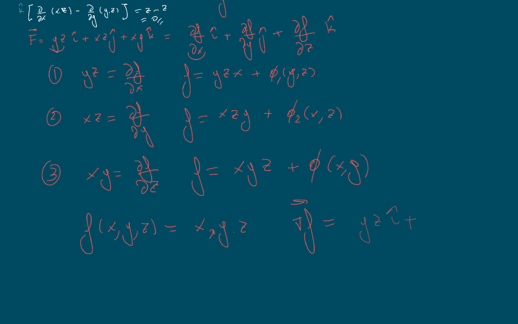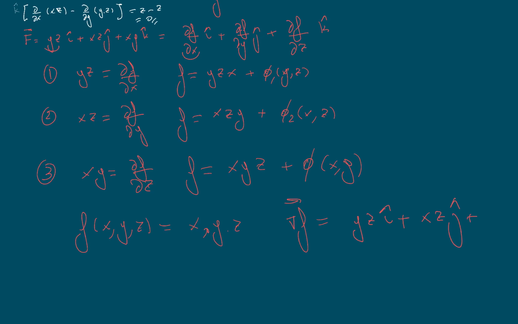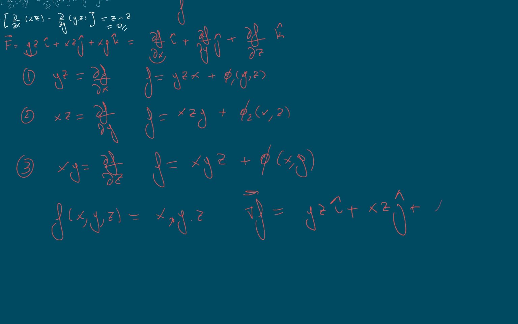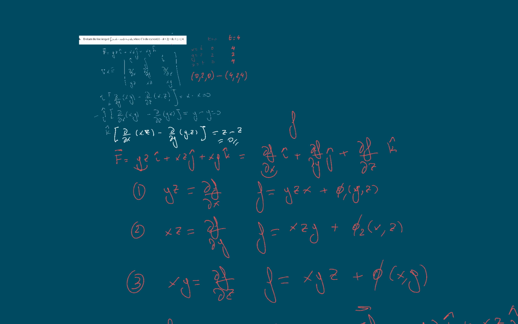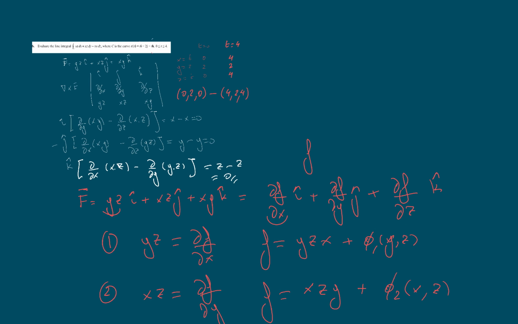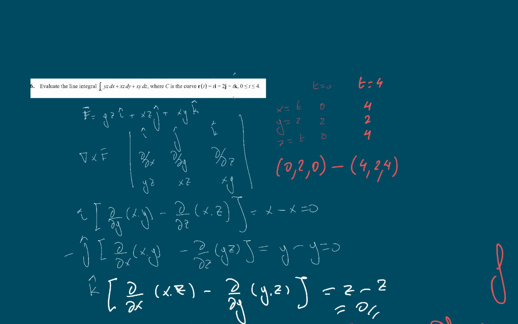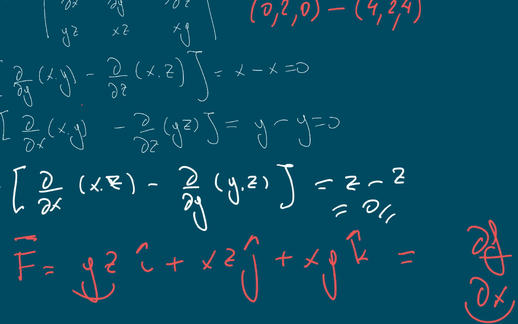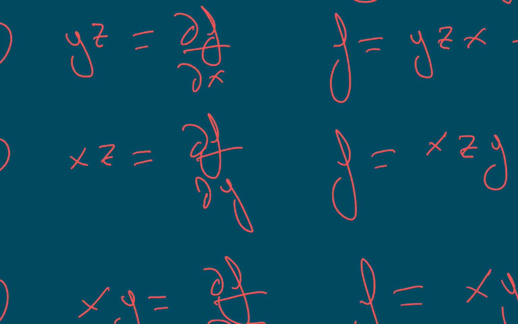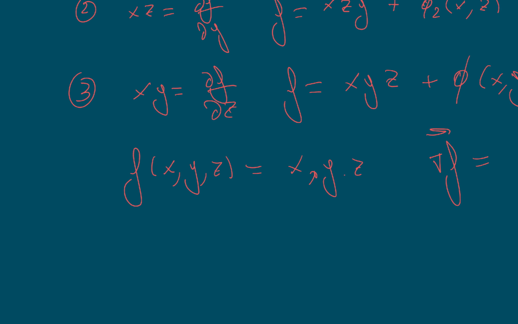What is the derivative of f with respect to y? xc, j. What is the derivative of f with respect to c? xy, k. And who is the vector field? Well, the vector field is this one. It should be the same one. So we produce the same vector field.